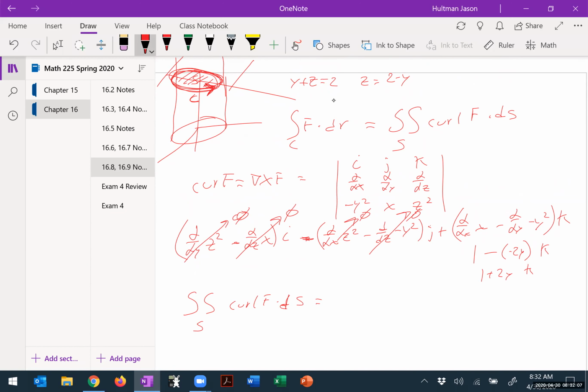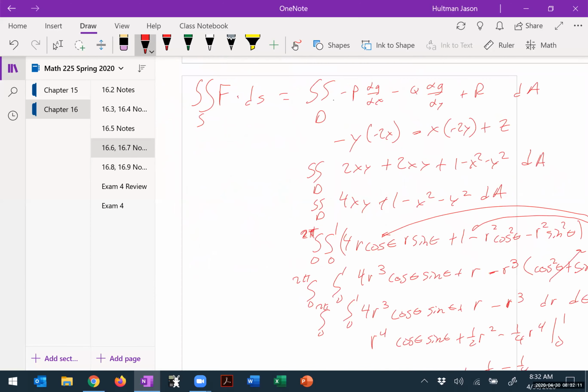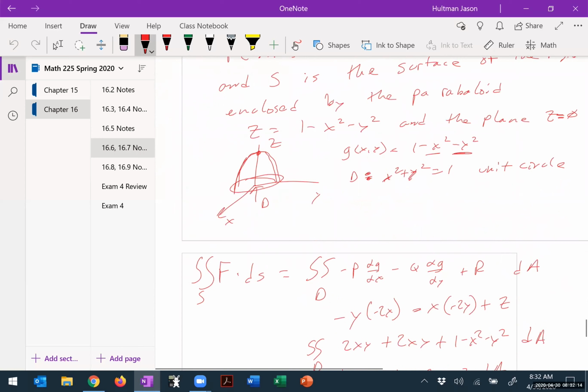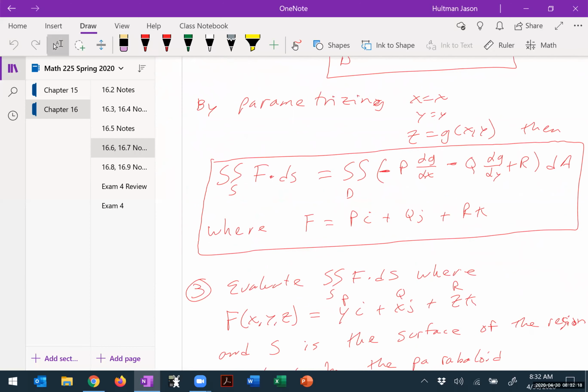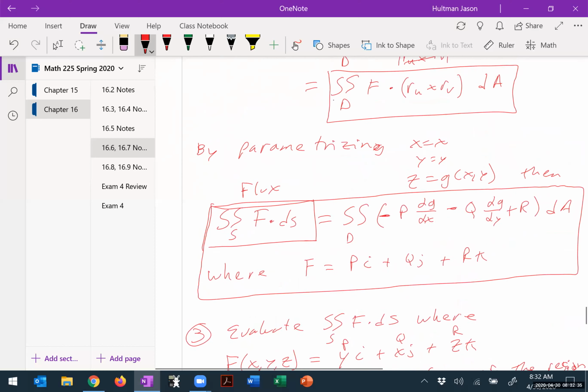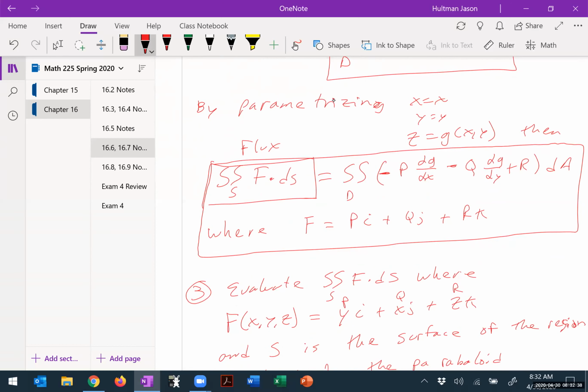If we go back to last session, we saw that this was true: if we take our surface integral of f dot dS, which is called our flux, by the way, by parametrizing x equals x, y equals y, and z equals g of x, y, then we can rewrite it as a double integral over its projection using this formula here, where F is Pi plus Qj plus Rk.